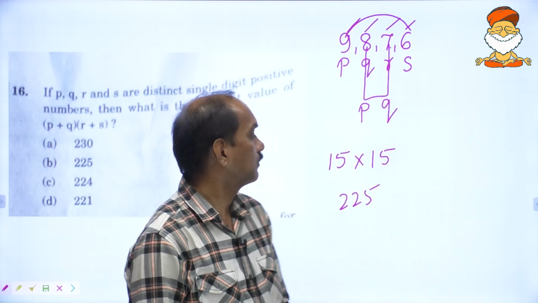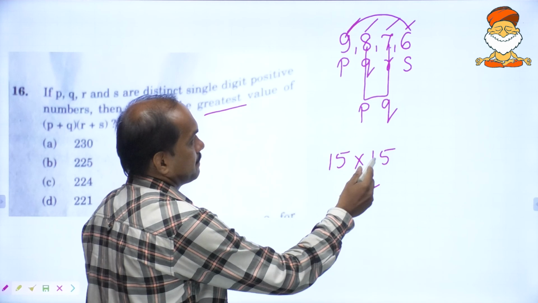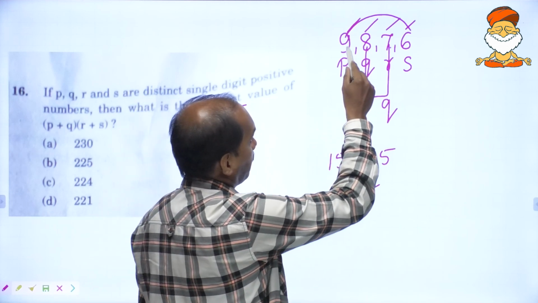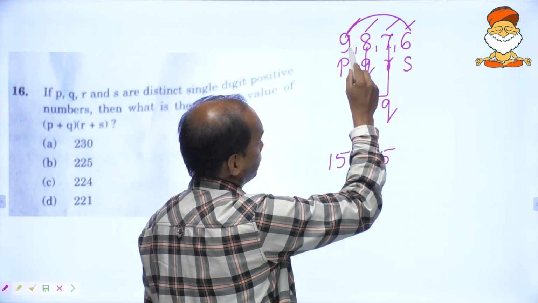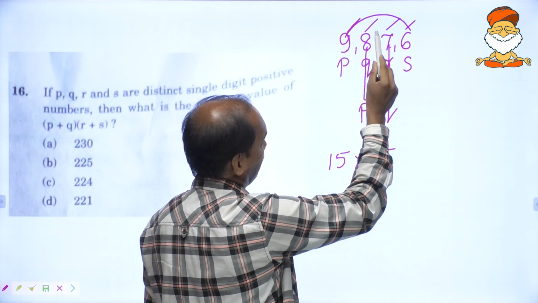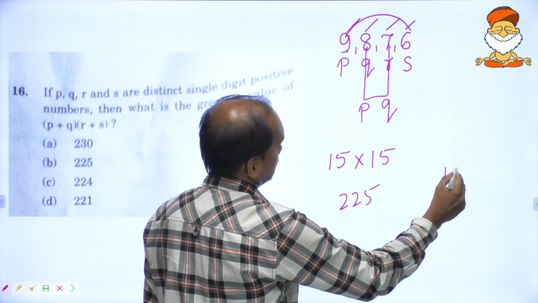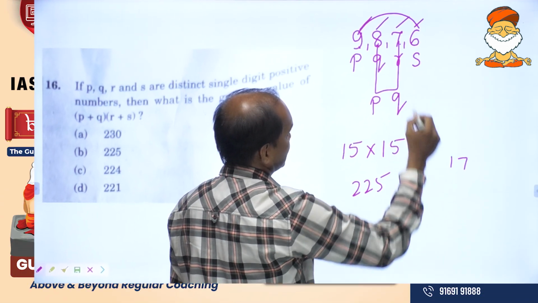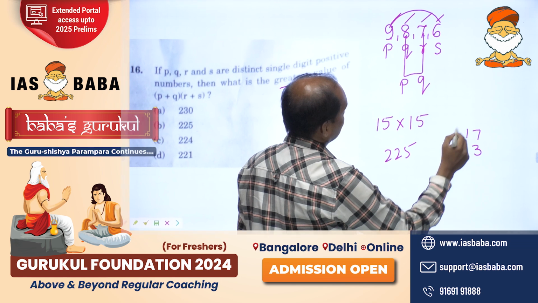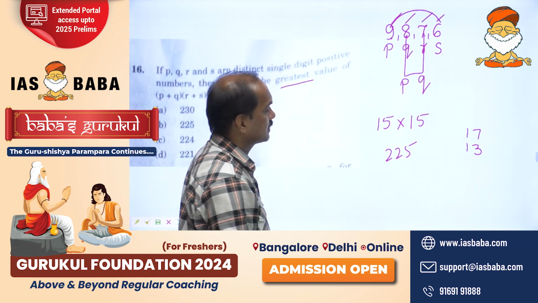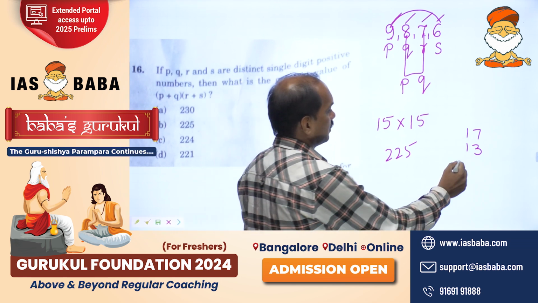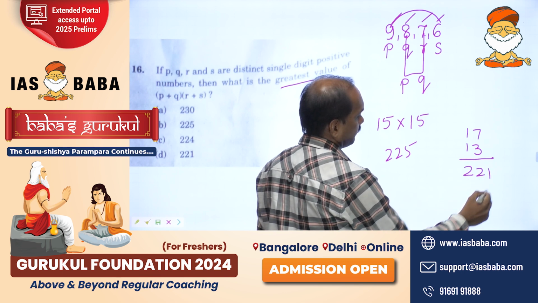So here, if you go for other combinations, 9 plus 8 is 17, 7 plus 6 is 13. This will become 221.